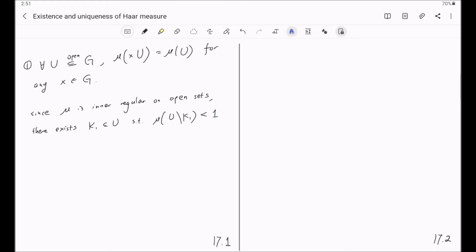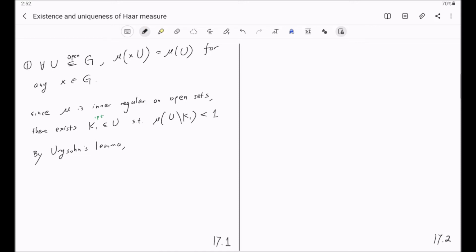We can do this. Now, I should emphasize this is a compact subset. This K1 is compact.